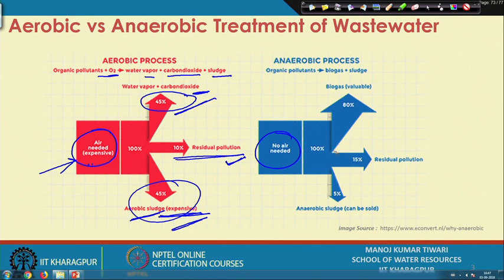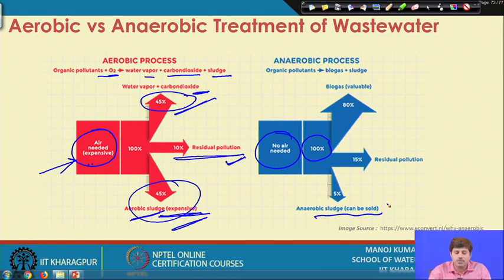Then, part of the organic matter coming into the anaerobic system is converted to anaerobic sludge, which is very small in quantity. In the aerobic system, 40 to 50% of the removed matter was converted into sludge. Here the sludge conversion is just 5%. So, conversion to solid biomass is very little.